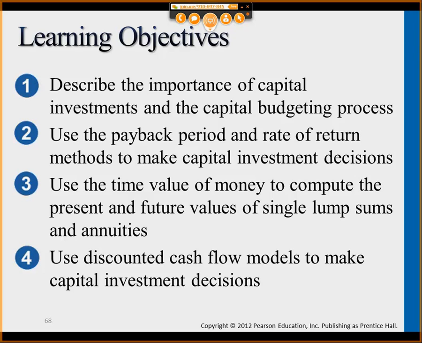We'll use the payback period and rate of return methods to make capital investment decisions. We'll also use the time value of money to compute the present and future values of single lump sums and annuities. Okay, if you don't remember that, we'll recover what annuities are and lump sums. And then use discounted cash flow models to make capital investment decisions.